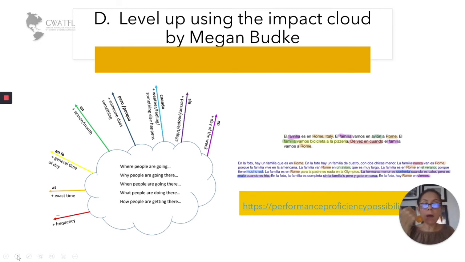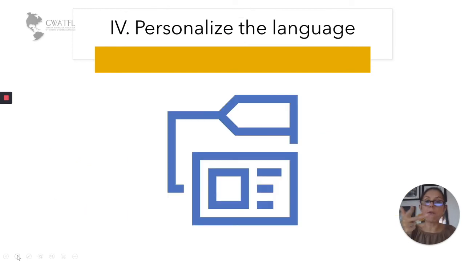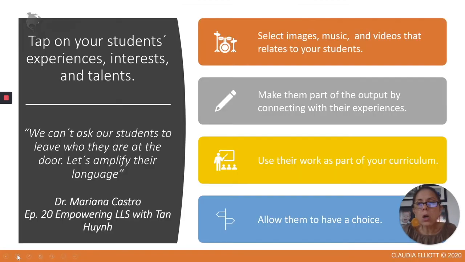Okay, so we have stay comprehensible, we have real expectations with the proficiency, support your students with scaffolds, and finally, make language personal. Your students love to talk about themselves, right? They just love it. So we can do that because our students come to our classes with so many experiences, interests, and talents.